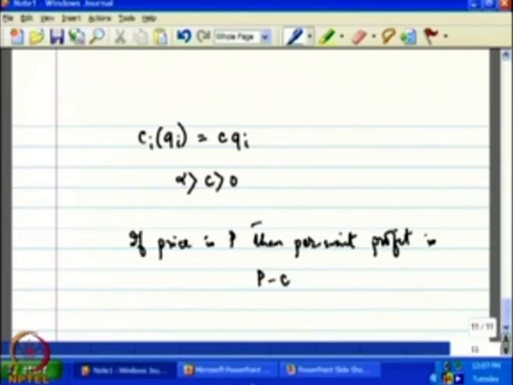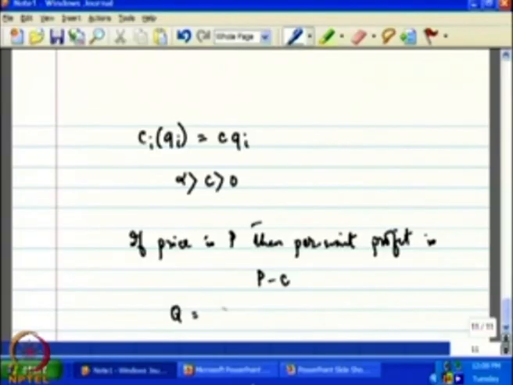My total profit will be how much? This is the profit per unit. I have to multiply this with the total output I am producing, how many units I am producing. If I set a price of p, what is the quantity that I am going to sell in the market? This is just given by the demand curve. So, Q is equal to alpha minus p. This is the quantity that I am going to sell in the market if the price that I set is p, assuming that there are no other firms in the market.